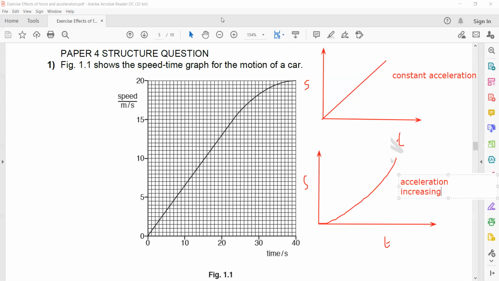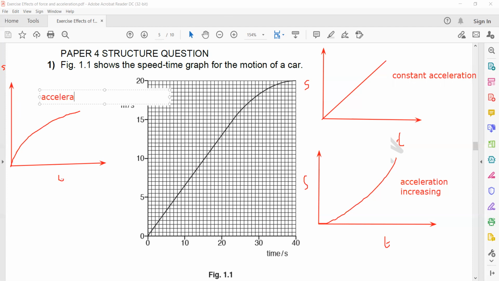And if the slope of a speed time graph is decreasing, what we say about this is that acceleration is decreasing. So in the question, they ask, explain the motion of this car from 25 seconds to 40 seconds.